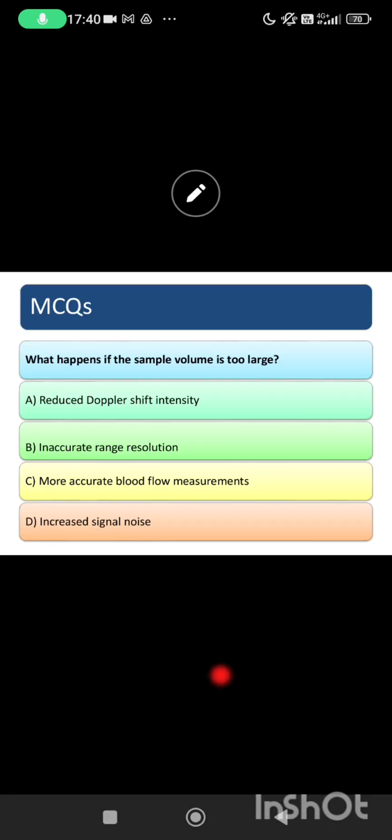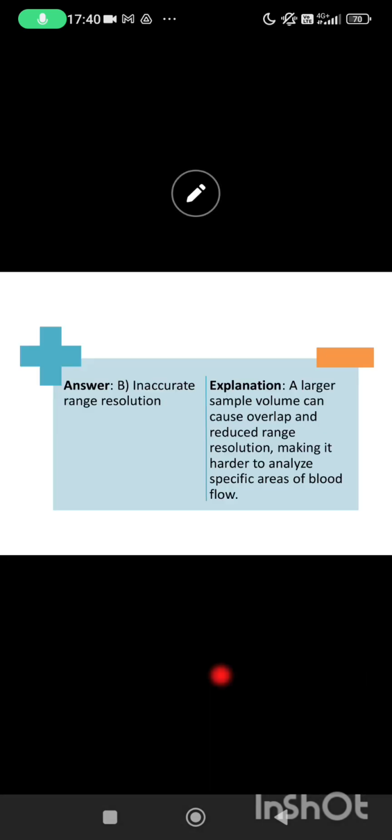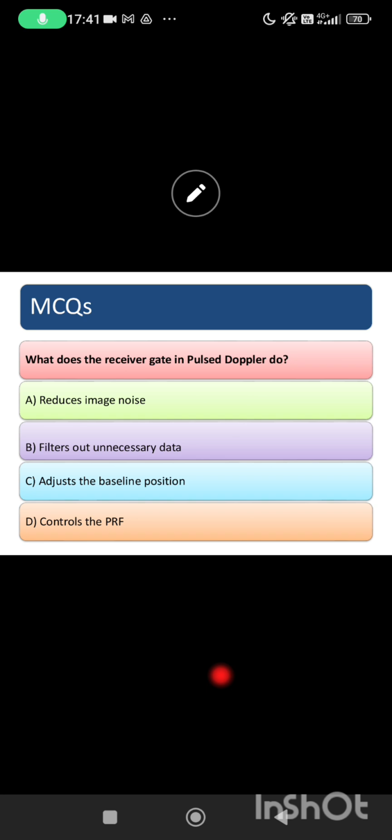This means, what happens if the sample volume is too large? Inaccurate range resolution. Yes, the right answer is inaccurate range resolution, because a larger sample volume can cause overlap and reduced range resolution, making it harder to analyze specific areas.